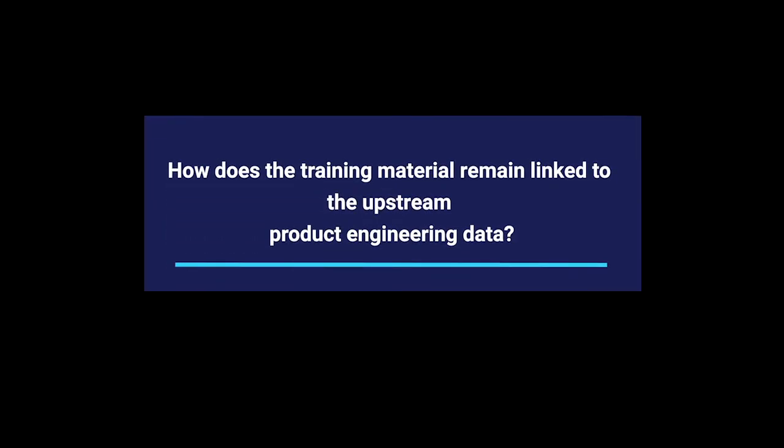So how does the training material remain linked to the upstream product engineering data? By being able to derive technical learning objectives directly from a maintenance task analysis, you create a digital thread that allows for configuration management.